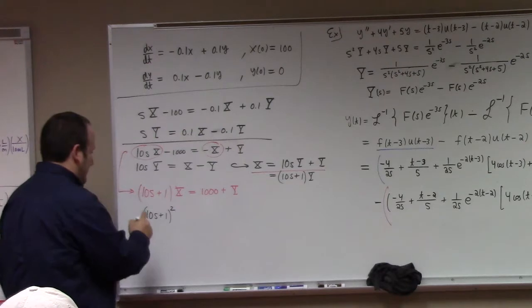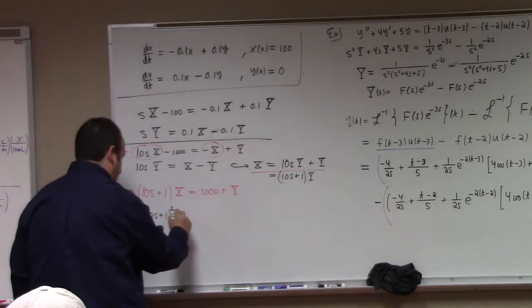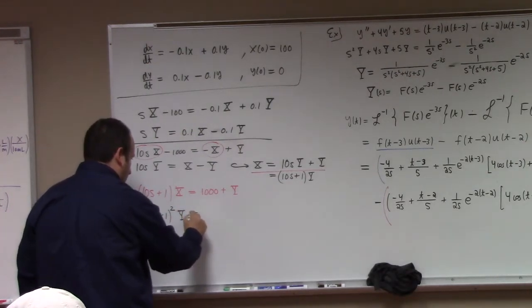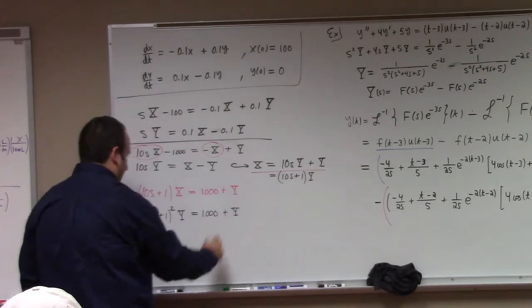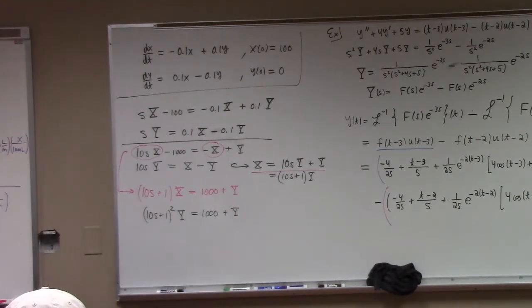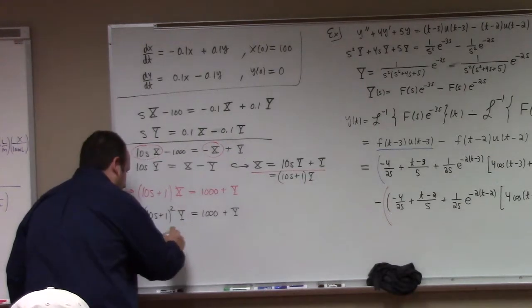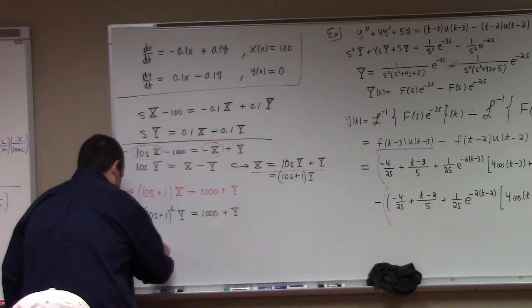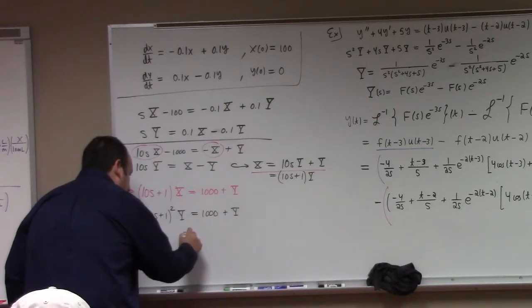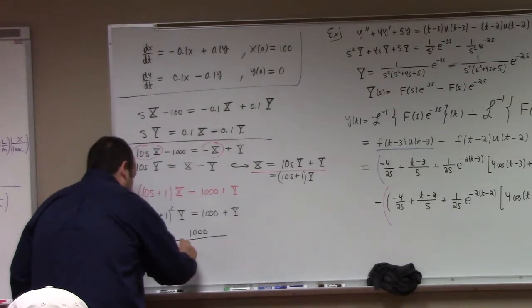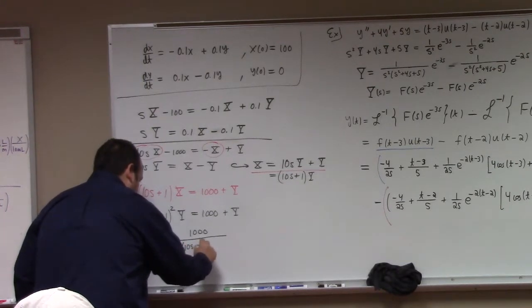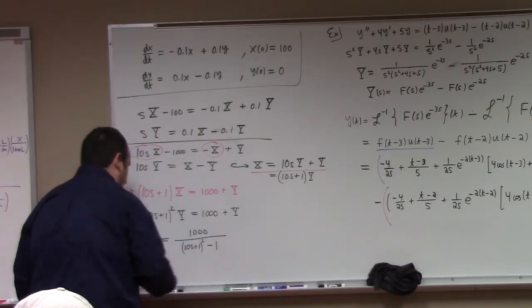So you see you've got (10s plus 1) squared times big Y equals 1,000 plus Y, which then by algebra gives me big Y is equal to 1,000 divided by (10s plus 1) quantity squared minus 1.